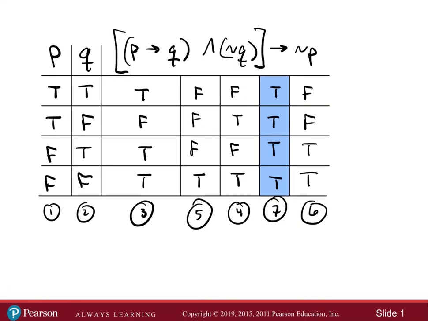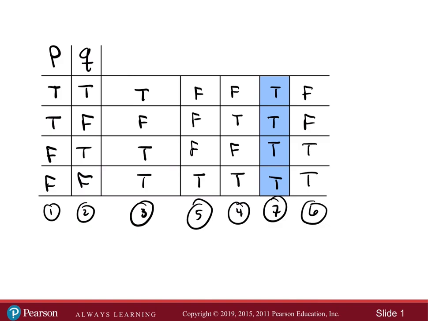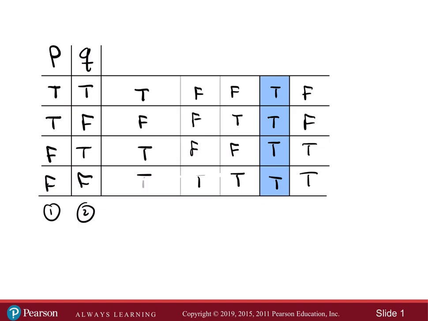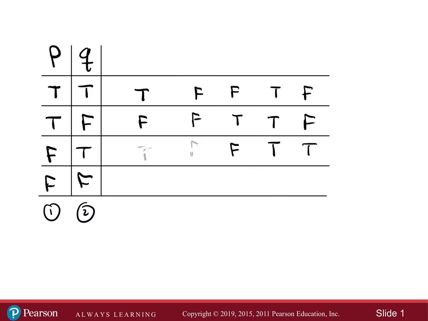And get rid of all the stuff we don't need. Let's get rid of all of this. We can get rid of all of these guys. Get rid of all of this. All of this. This. And this.